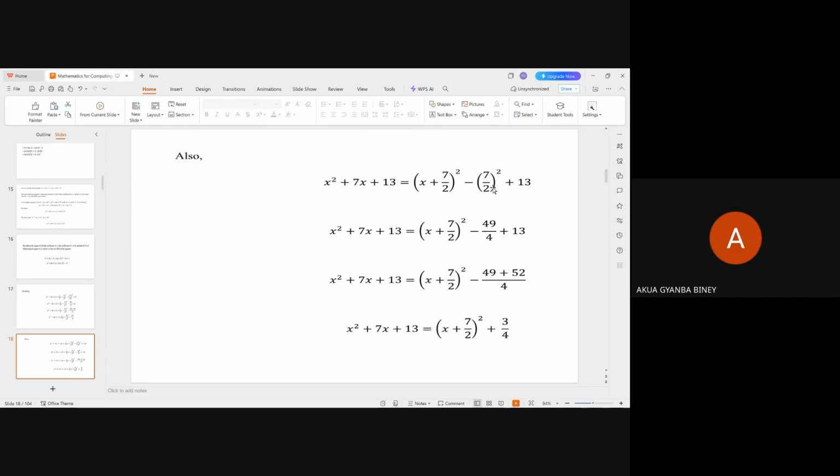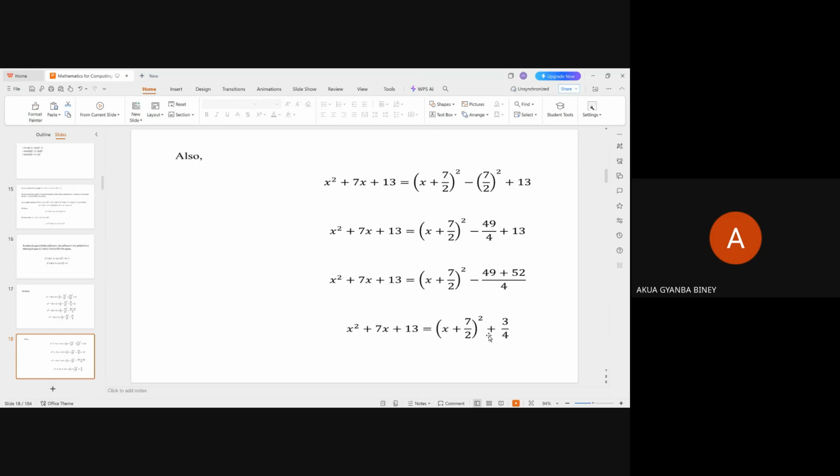Take the same thing, all squared, plus your c. So when you simplify, this becomes 49 over 4, and then find the least common multiple and simplify this part. And then we have put this into another form.